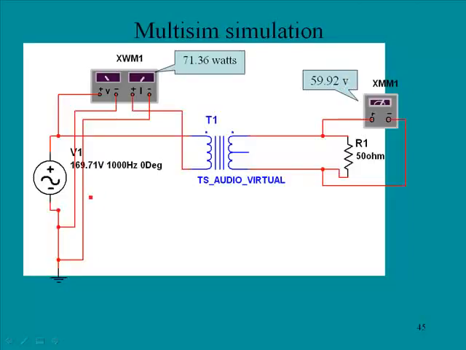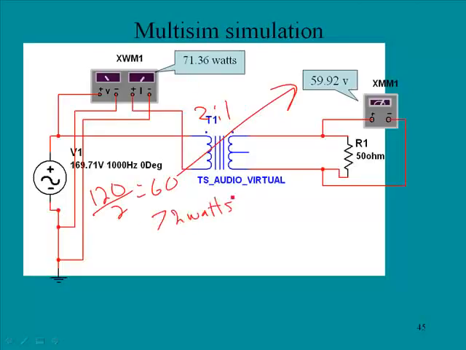Remember the input was 120 and the turns ratio was 2-to-1, so divided by 2, that would have been 60. But you'll notice it's very close. Multisim is really quite accurate, and the turns ratio wasn't perfect, so you would see a little bit of a drop here. Then we calculated the power, and in our calculation we said there was 72 watts.